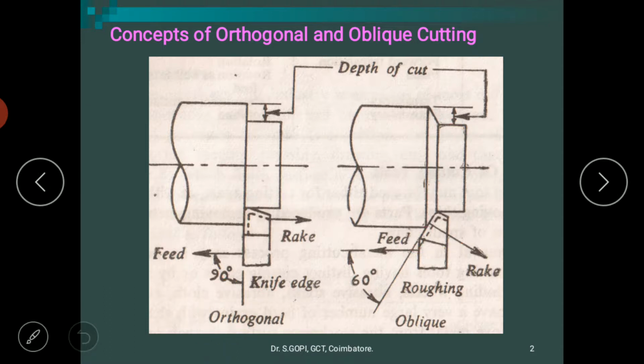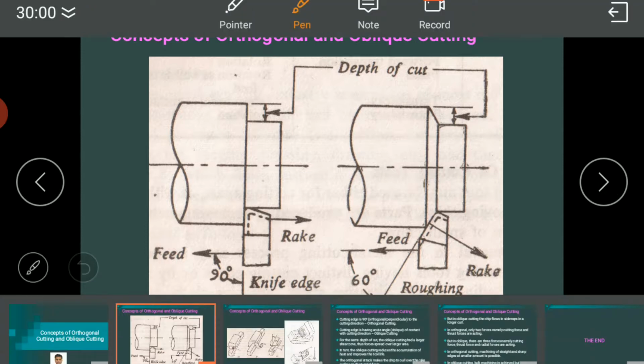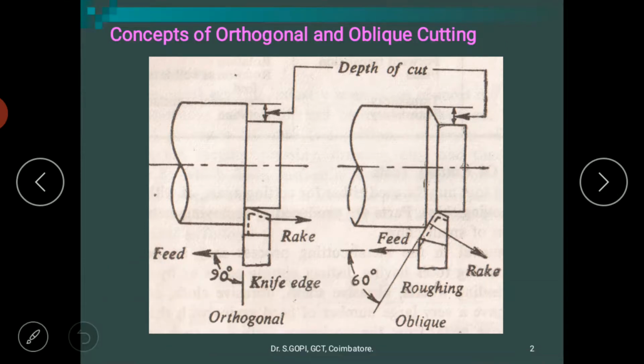Again, in orthogonal cutting, for the same depth of cut, a lesser amount of material will be removed, because the contact area is very small, and the force generated will be accumulated in a concentrated area. So orthogonal cutting is used for a smaller amount of material removal.